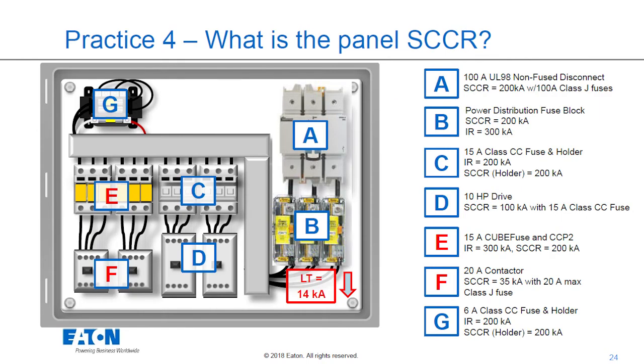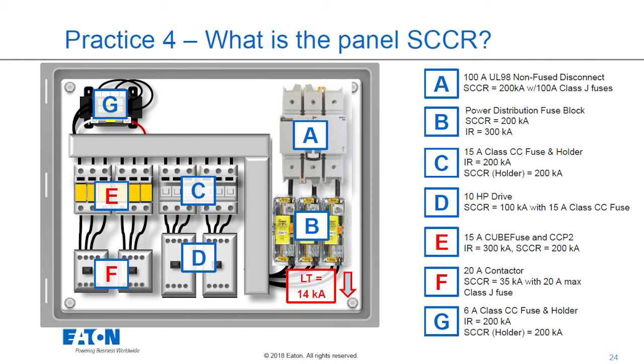All right, so I have gone in here and I have replaced the breaker with a fuse so that I have much higher rated components in this case too. I can see that I put my CUBEFuse CCP, so I actually put a disconnect switch in circuit E. I replaced that 22 kA rated breaker.